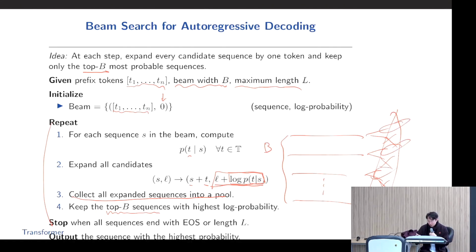And these are going to be now your new updated beam. And you repeat this process. And you stop when all sequences hit the special end of sentence token, or the beam length reaches the upper bound L. Okay, so some of the beams will end early, some of the beams will hit length L, etc.